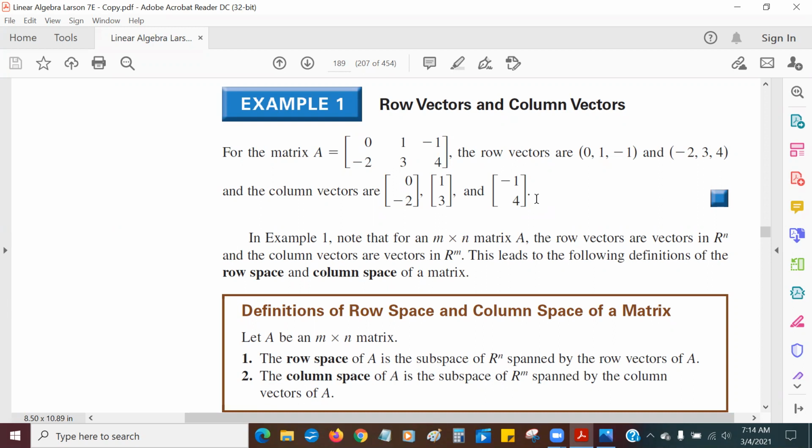I just want to point out one more thing. No one is saying that these 3 vectors here are linearly independent. They may be, they may not be. We're not saying anything about that. We're going to get into that very soon, but we're not making any guarantees right now. We're just taking these 3 vectors, which may be independent, may be dependent, and we're going to span them, get all the linear combinations, and that is going to eventually form some subspace, in this case a subspace of R2.